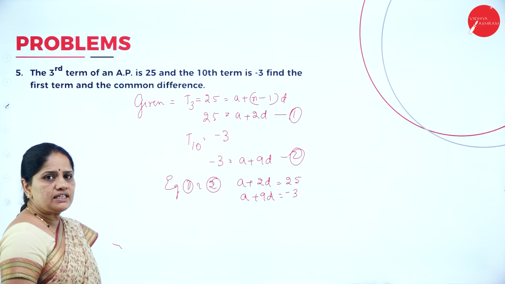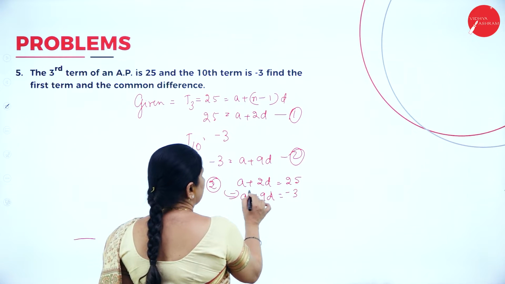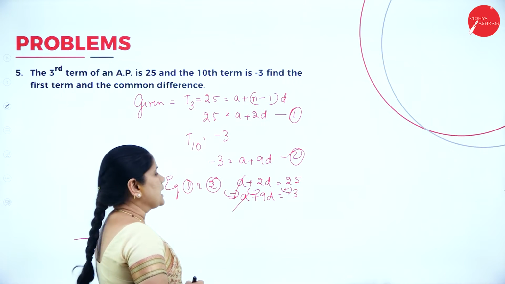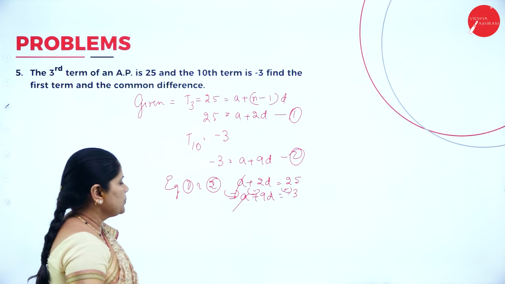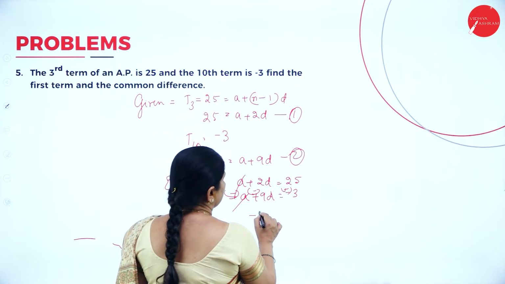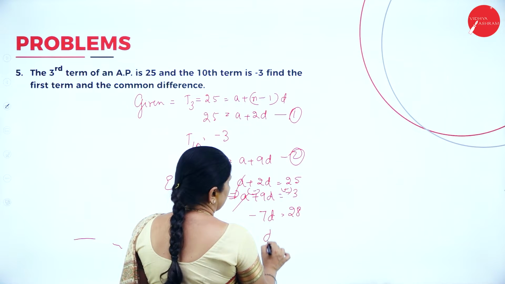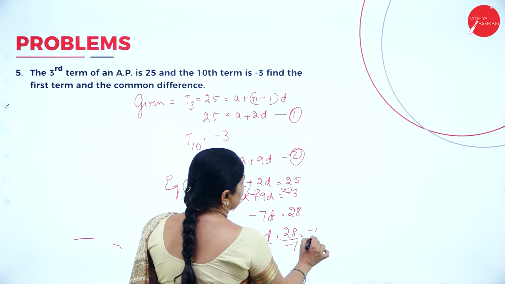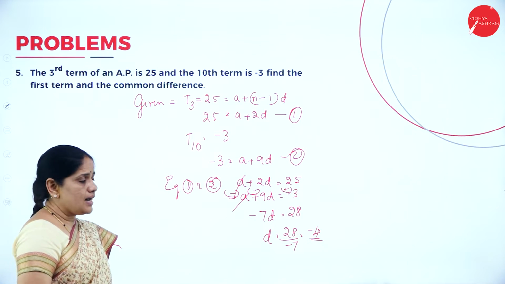Now I will subtract the equations. I'll write minus, minus, plus. So A and A get cancelled. So 2D minus 9D is minus 7D. Minus 7D equals 28. D equals 28 by minus 7. So D equals minus 4 is the answer.